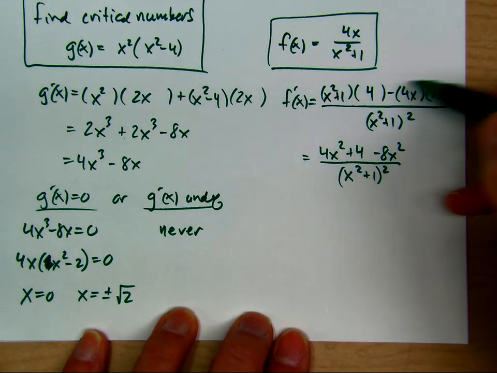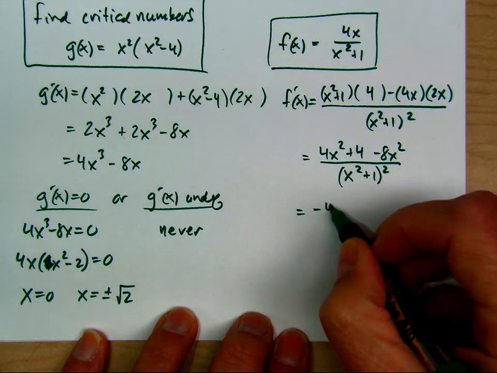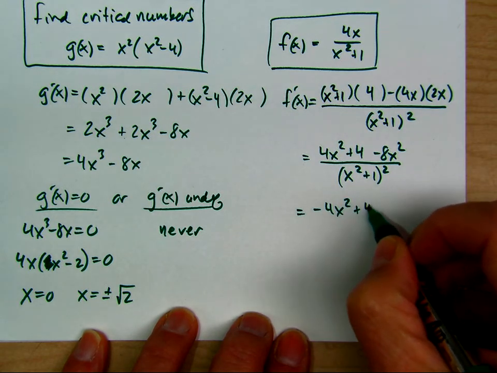And distribute, we're going to combine like terms. We have negative 4x squared plus 4.